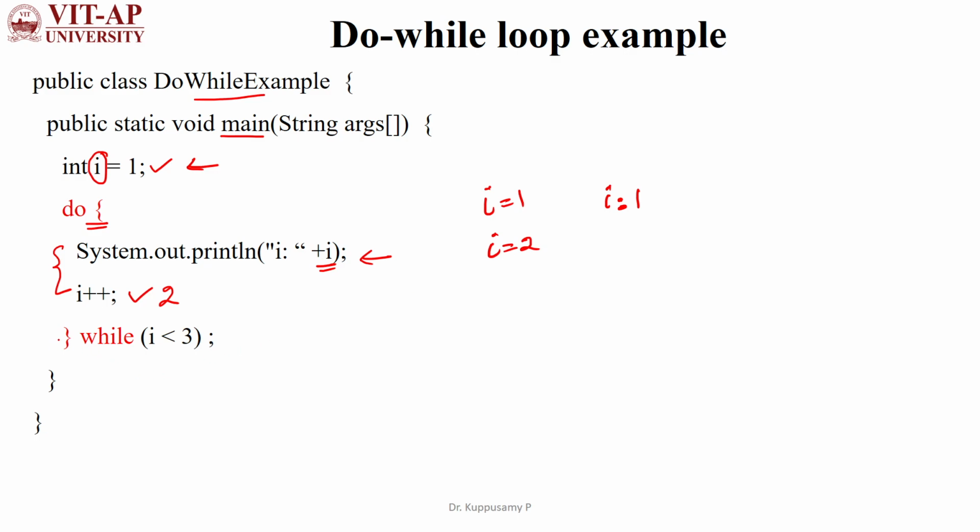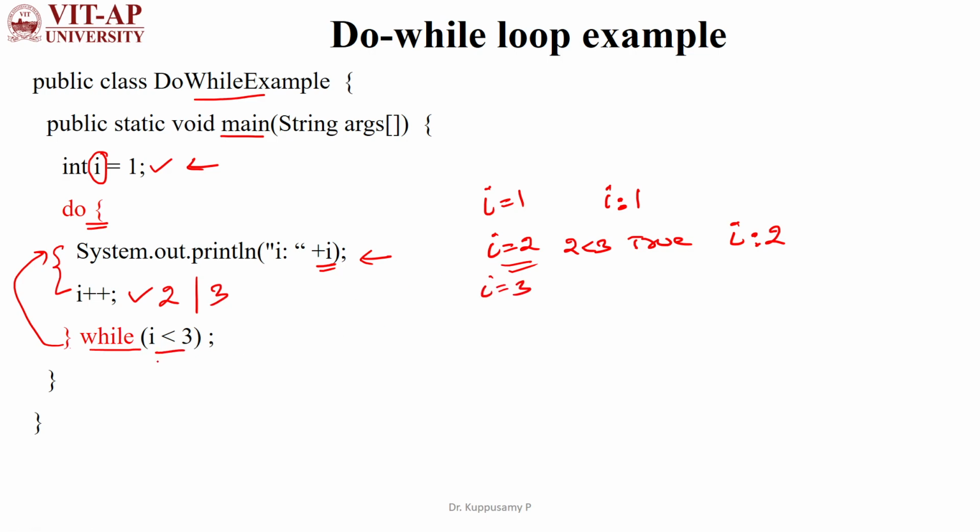Then it comes out of the block and checks the condition i less than 3. Yes, i is 2, and 2 less than 3 is true. If it is true, then it will go back to this statement. So now i colon, the i value is now 2, so 2 is printed. Now again i is incremented by 1 to 3. So i becomes 3 now.